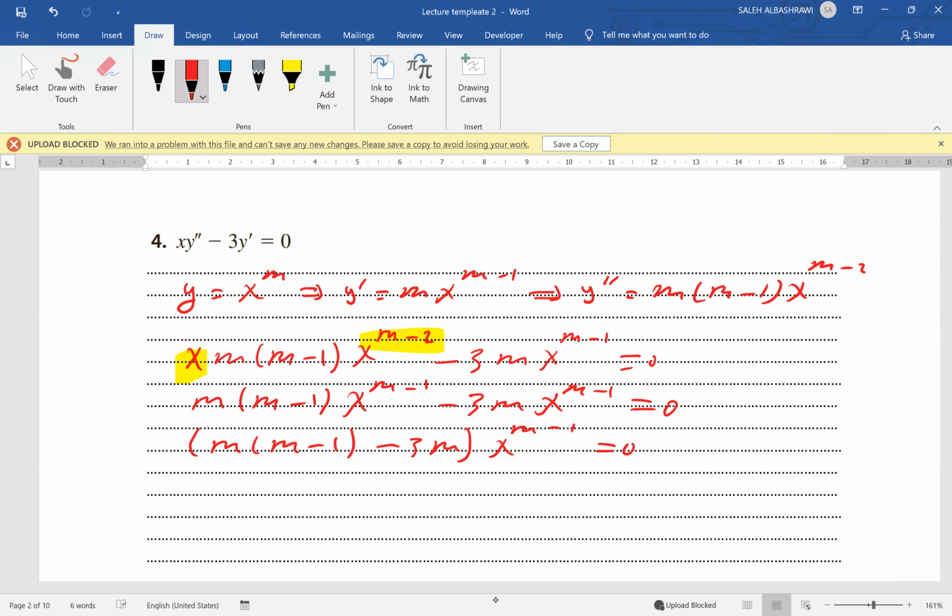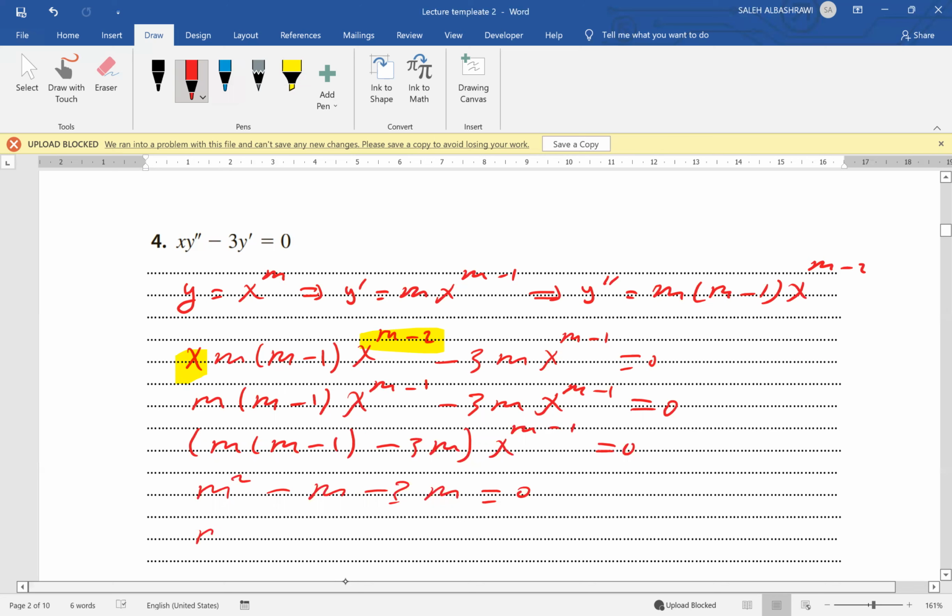I will have m squared minus m minus 3m equal to 0, or it is m squared minus 4m equal to 0.